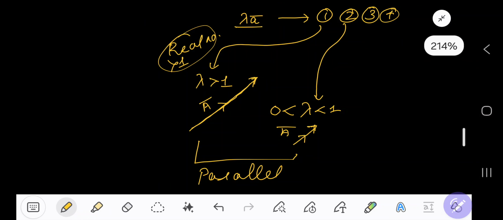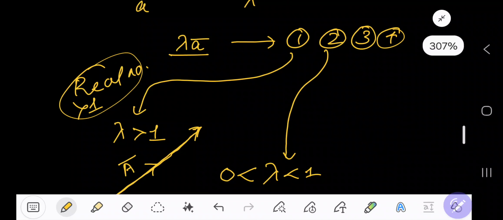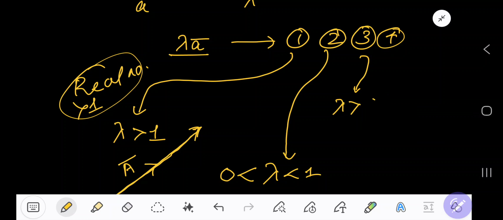Now let's go on to our third case. The third case is when lambda is greater than -1 but smaller than 0.